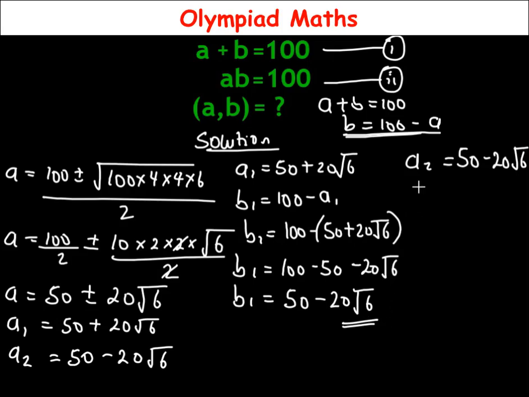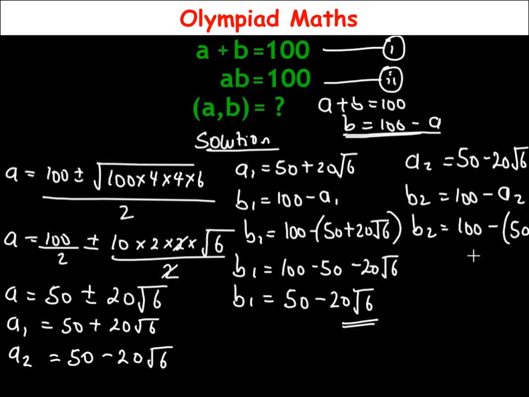Let's then solve for the value of b2. From the equation, b2 is equal to 100 minus a2. So b2 is equal to 100 minus, in bracket, 50 minus 20 root 6.